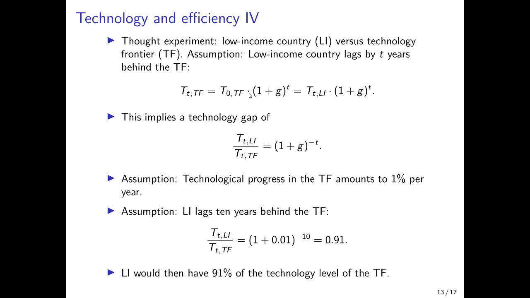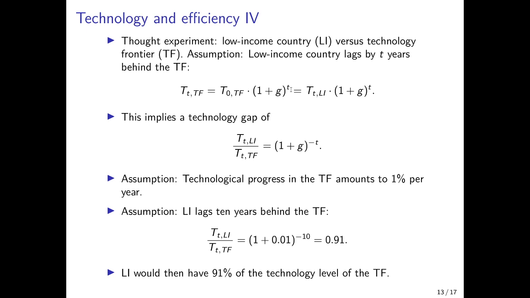Here, we suppose that we observe a low-income country that we denote by LI versus a high-income country that produces at the technology frontier, so uses the most recently developed technologies. And this is denoted by TF for technology frontier. Now, we assume that the low-income country lags T years behind the technology frontier. Then we can write the technological level at the technology frontier at time t as the technological level in the frontier country at time 0 multiplied by the growth factor, where we denote the growth rate of technologies again by g.